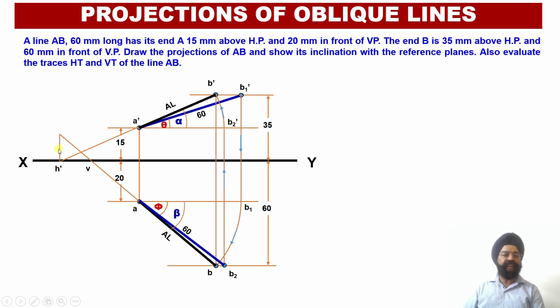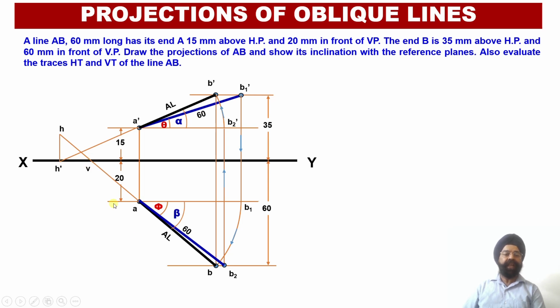I have drawn a vertical projector line so that wherever it intersects with the extension of the plan projection line, I will be able to obtain point H. This will give me the horizontal trace of the line. So I'll be measuring this distance, and this distance will give me the horizontal trace of the line.